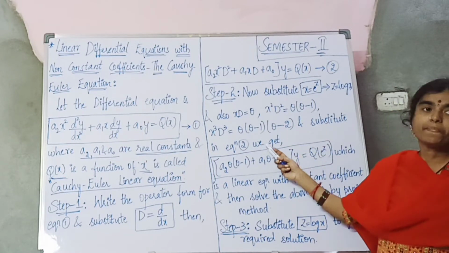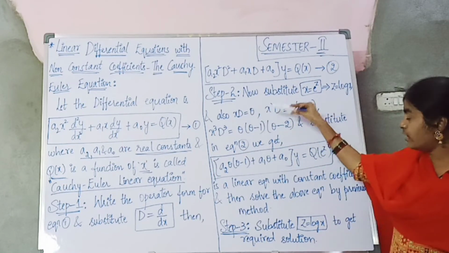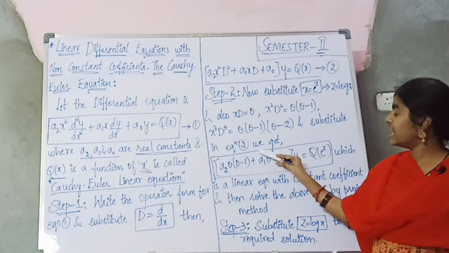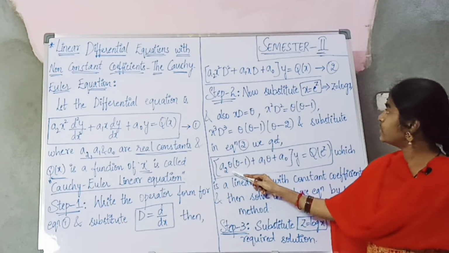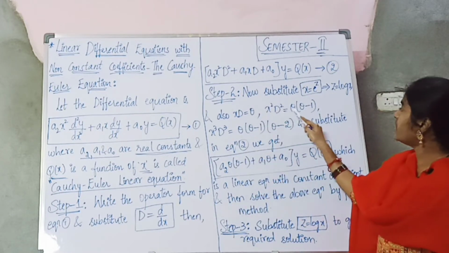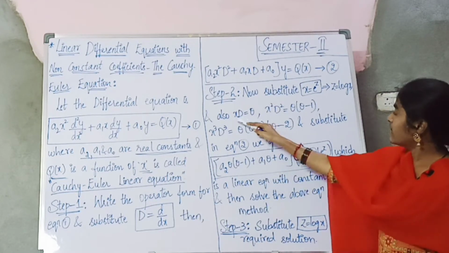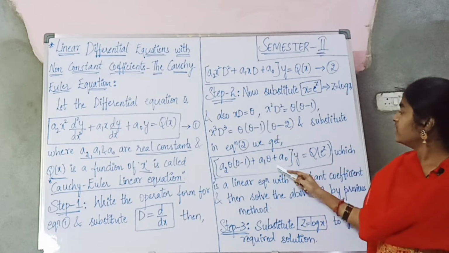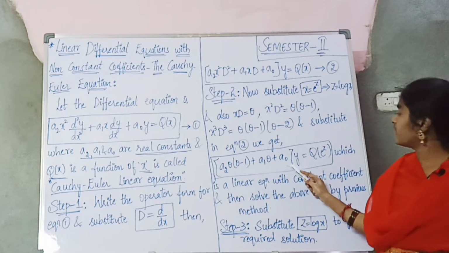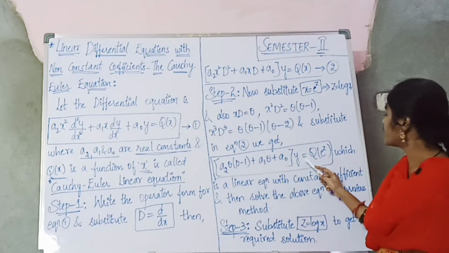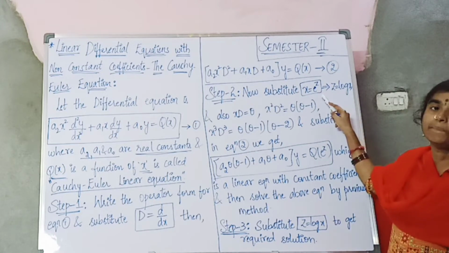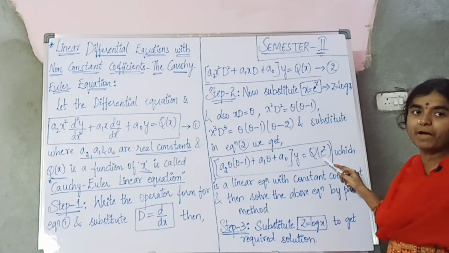We substitute all these in equation 2. Then we get a2 into theta into theta minus 1 plus a1 theta plus a0, into whole of y, equals q of x, where x is e power z, so q of e power z.